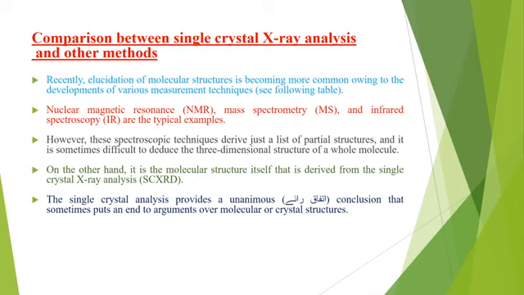Nuclear magnetic resonance, NMR, mass spectrometry, MS, and infrared spectroscopy, IR, are the typical examples which are used to elucidate molecular structure, and these techniques are also used relative to X-ray analysis.